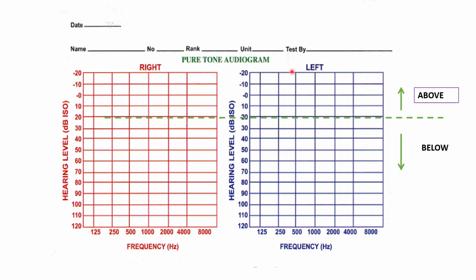An audiogram is a piece of paper. So when we are describing anything which is less than 20, we will not say less, but as we are describing the paper, anything up becomes above, and anything down becomes below. So above 20 is normal.